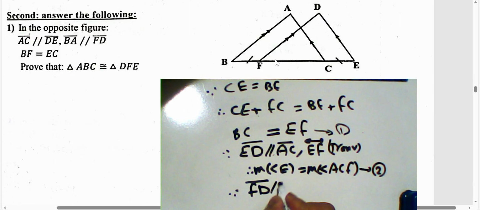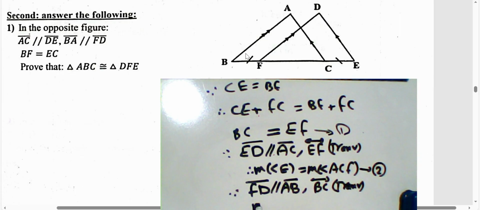It's condition number 2. And also we can choose FD parallel to AP and PC a transversal of them. Then the measure of angle B equals the measure of angle F. Number 3, we call them corresponding angles. The measure of angle B is equivalent to the measure of angle F.